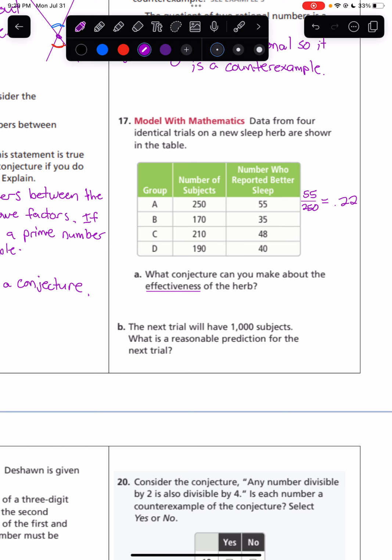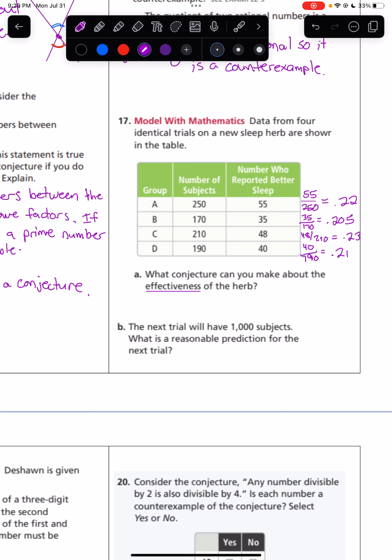For group B, that'd be 35 out of 170, which is going to be 0.205 or 20.5%. And if we do 48 over 210, I'm running out of room, that is going to be 0.23 or 23%. And 40 out of 190 is going to be around 0.21 or 21%.